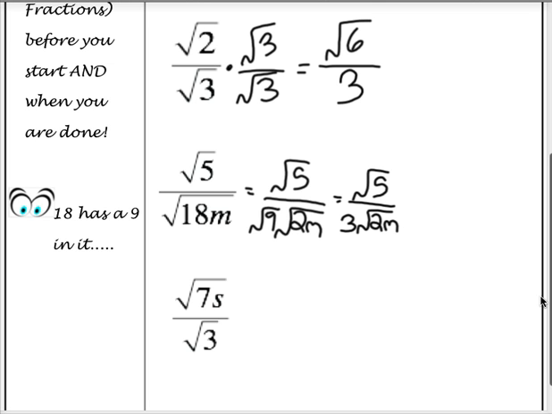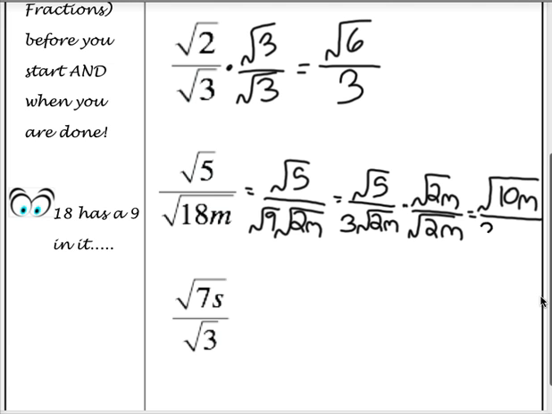So now it's time to multiply top and bottom by that radical I'm trying to get rid of, by the square root of 2m. On top, square root of 5 times the square root of 2m, because it's all inside the radical, I can multiply it to get square root of 10m.